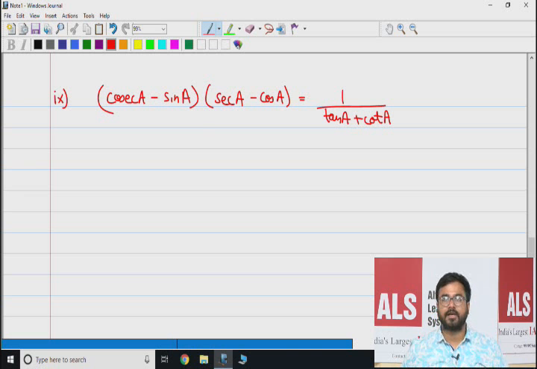Let me give you a hint, in this one you can proceed on both sides, the left hand side and the right hand side, and make sure that whenever the things are given in terms of tan, cot, cosec or sec, it's easy to convert all of them in terms of sine and cos. So, you can convert cosec into sine and sec into cos, tan into sine upon cos, and then simplify, and let's see what you are getting.